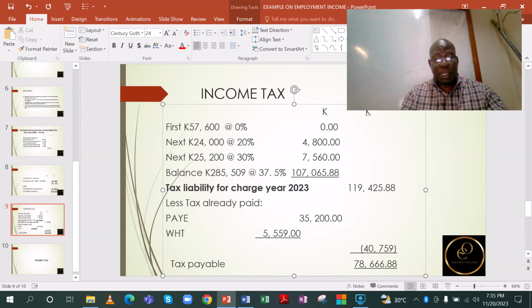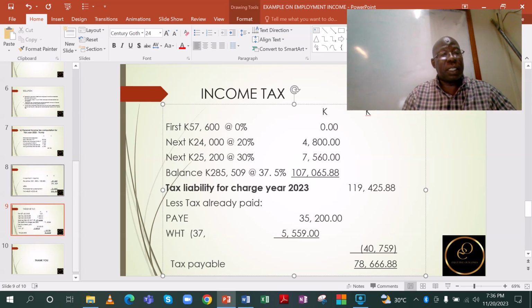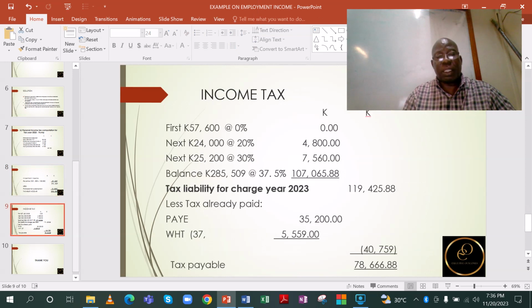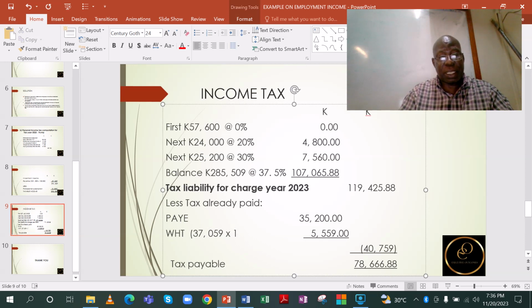You can calculate this one. The royalties came to 37,059. Royalties are subject to withholding tax at 15%.